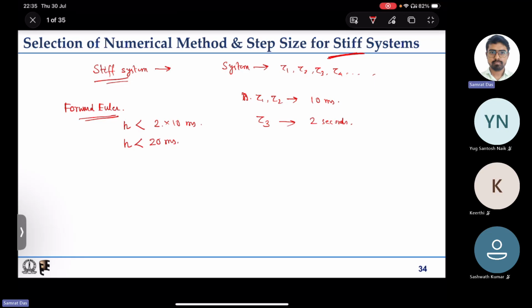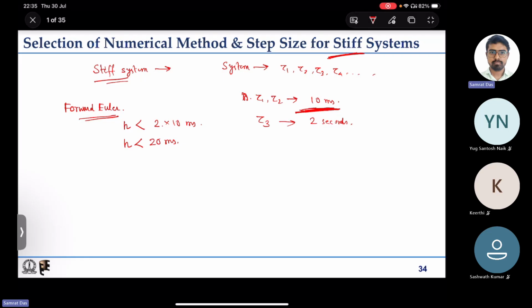But you understand that if you give some disturbance, this will very quickly die down to 0, any disturbance in the electrical circuit, because the time constant is so small. But the mechanical time constant is quite big, so it will take a longer time to settle, and for a long time there will be no significant change in the electrical time constant.